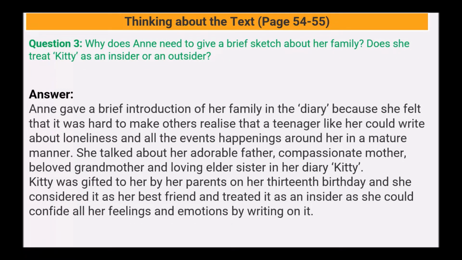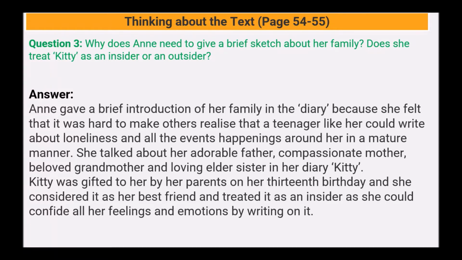Next, why does Annie need to give a brief sketch about her family? Does she treat Kitty as an insider or an outsider? Annie gave a brief introduction of her family in the diary because she felt that it was hard to make others realize that a teenager like her could write about loneliness and all the events happening around her in a mature manner.